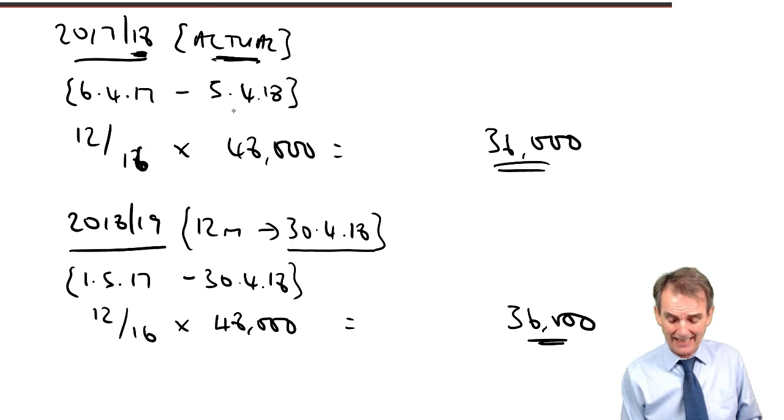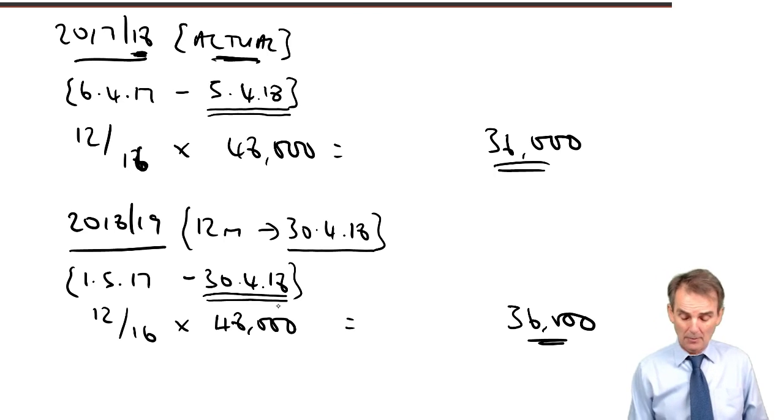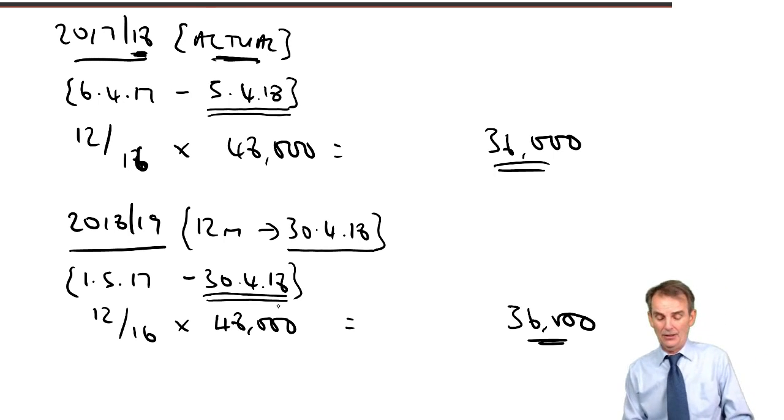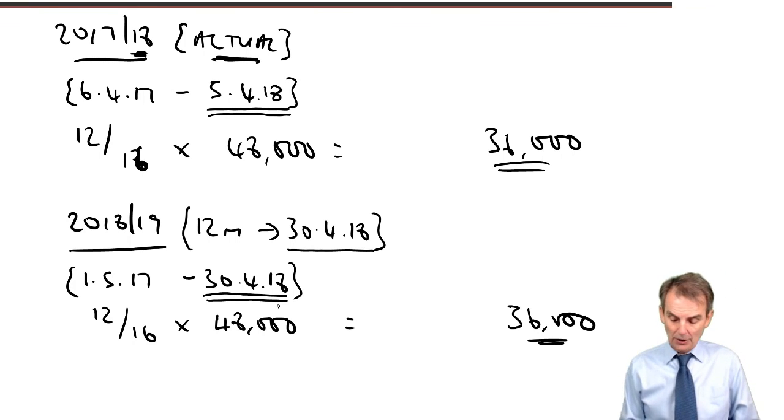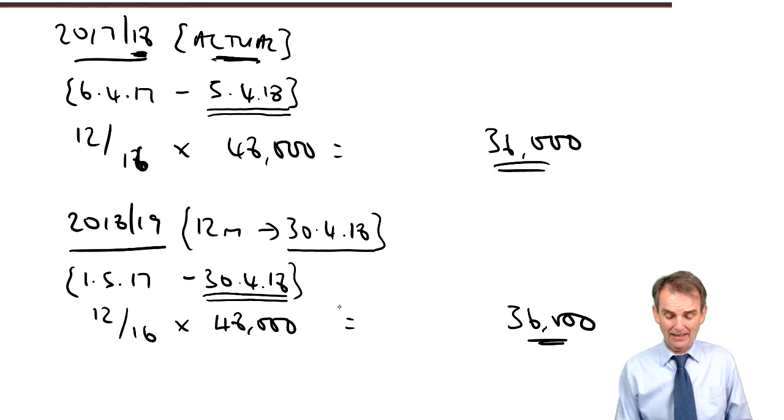In 2017-18, our basis period went as far as the 5th of April 2018. That has only moved forward, again, we'll just apportion to the nearest month, one more month to the 30th of April 2018, to include now April in the apportionments. So that means, in terms of overlaps, we've got an overlap period between 2017-18 and 2018-19 of some 11 months. We've got an 11-month overlap period there arising.